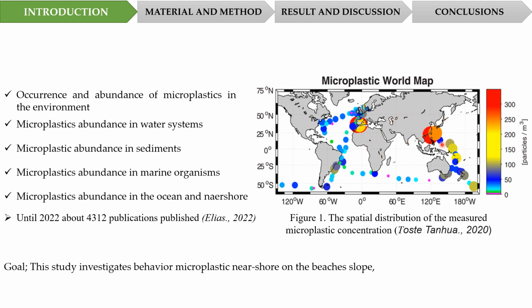And besides, in the ocean, the Pacific Ocean has a higher microplastic concentration than the Indian Ocean, and the Indian Ocean has a higher concentration than the Atlantic Ocean.